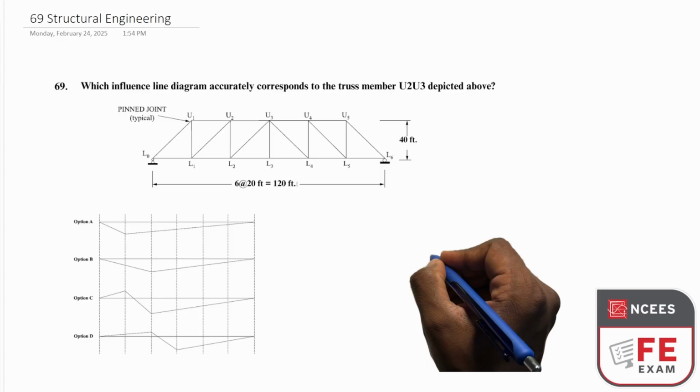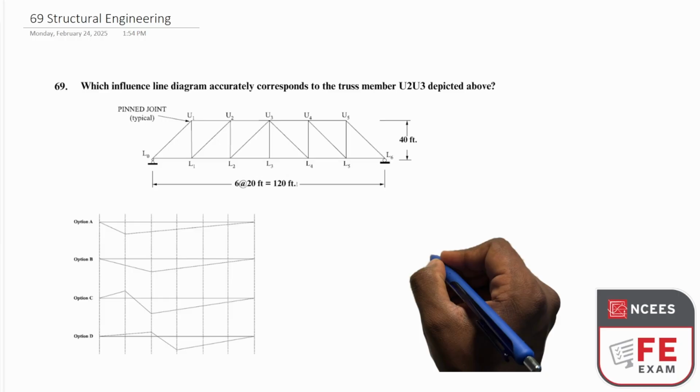Okay. Now if the load keeps moving and it is directly below U1, that's when a little bit of force will start getting transferred into U2, U3 through L1 and U2. Okay, that means there'll be a little bit of load acting over here. So the amount of influence has slightly increased more than 0. So it will be like this.